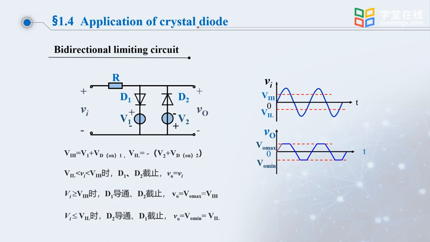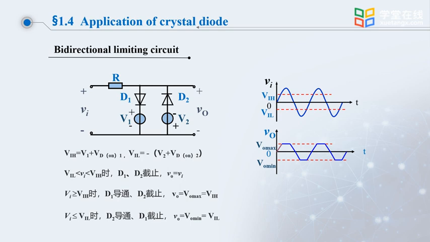Another situation: if VI is greater than or equal to VIH, the input signal is greater than or equal to the conduction voltage of this branch. At this time, this branch is open, while the second branch is still non-conducting. After the D1 diode branch is turned on, VO is connected to the power supply V1 through the diode D1.